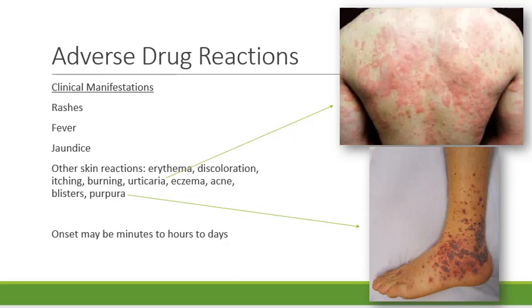Some terms here: erythema, that's the superficial reddening of the skin. Urticaria, those are hives. We see that in our integumentary lecture. Purpura, these are blood spots, purple colored spots that occur when small blood vessels burst. Now the onset of an ADR may be in minutes or it may take hours to days.